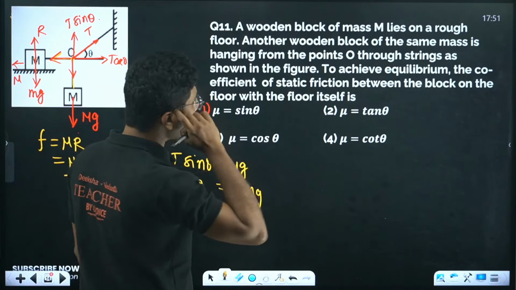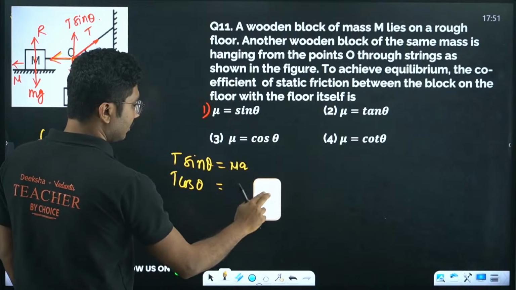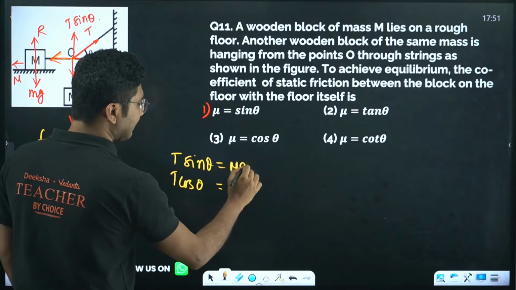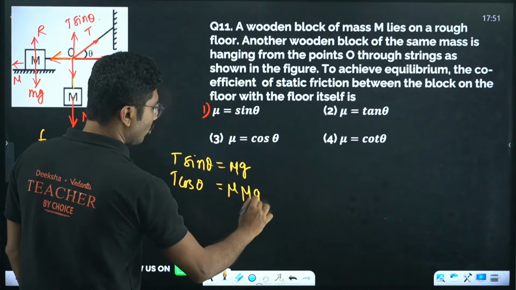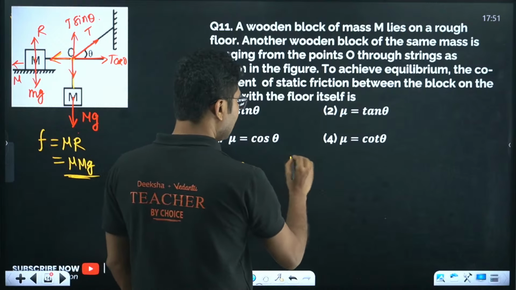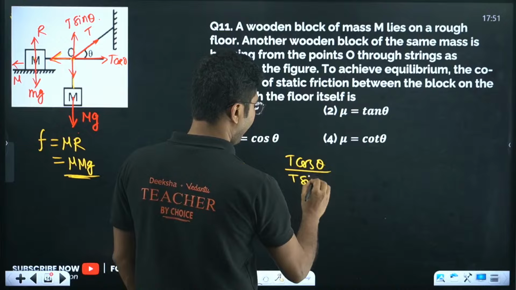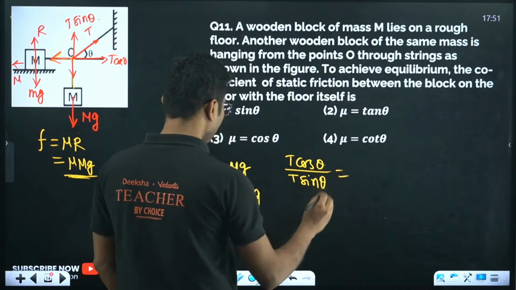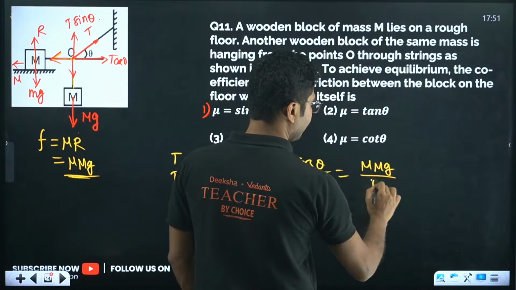Now you are trying to find the coefficient of friction mu. So what you have to do? You have to divide T cos theta by T sin theta, which will give you mu mg by mg.